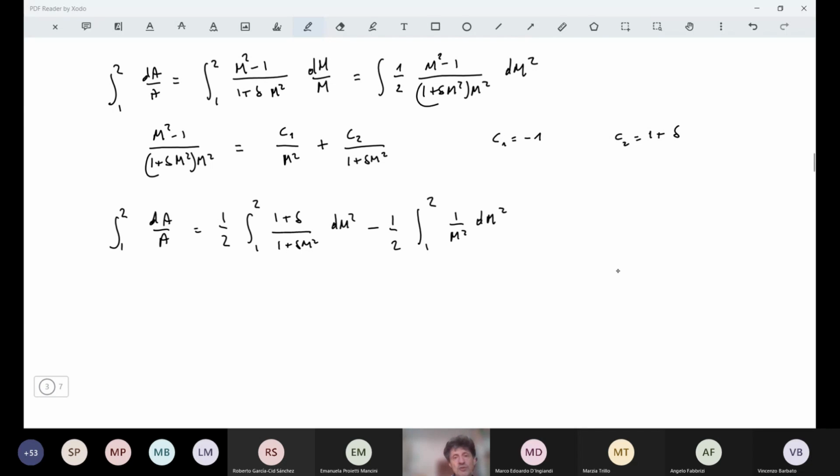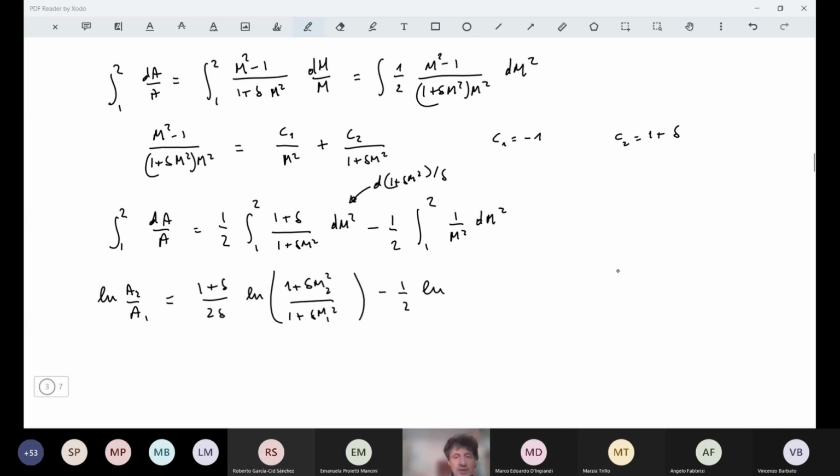And so you see that this can also be expressed as d of 1 plus delta M squared over delta. And so we can obtain the integration that will be all logarithms. In particular, the logarithm of A2 over A1 is equal to 1 plus delta over 2 delta, logarithm of 1 plus delta M2 squared and 1 plus delta M1 squared, and finally minus 1/2 logarithm of M2 squared and M1 squared.